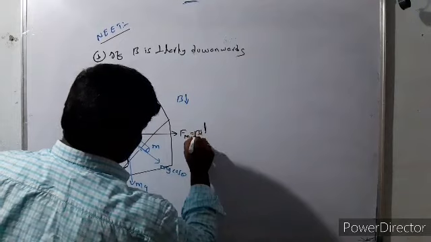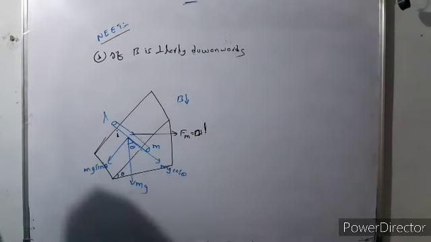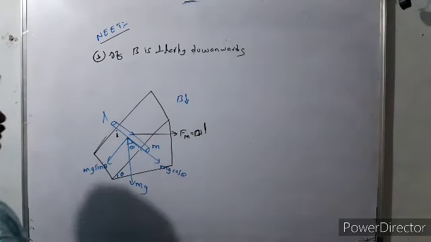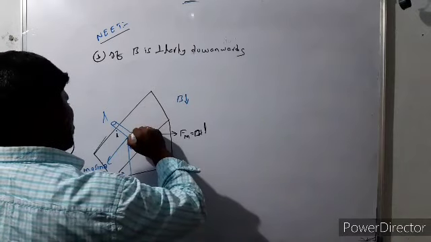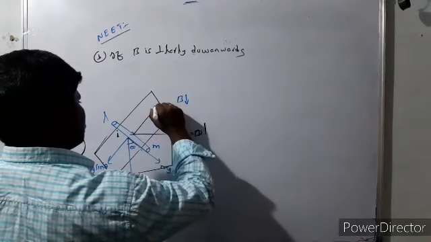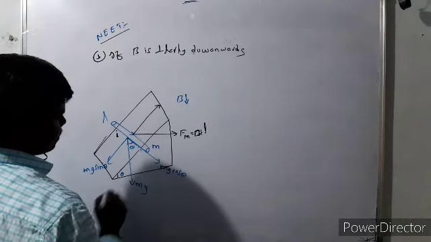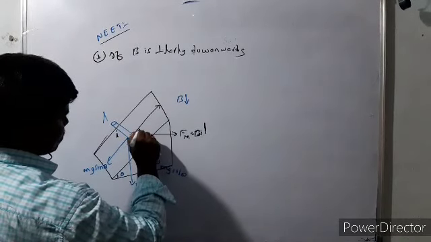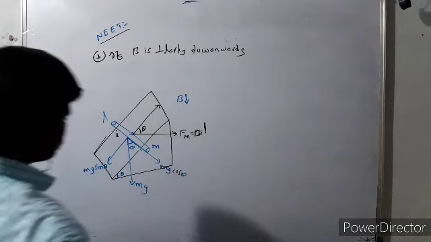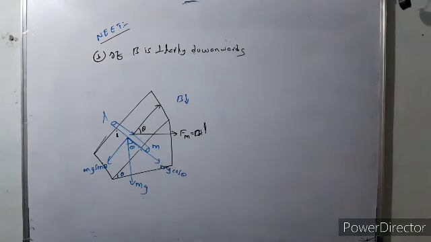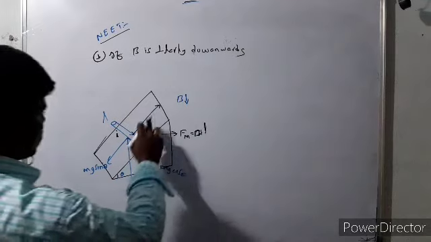Fm is equal to BIL. Now, if you resolve this into components, if this is theta, this is also theta.